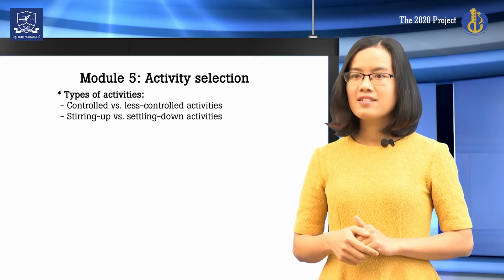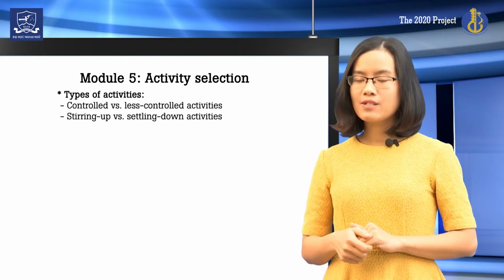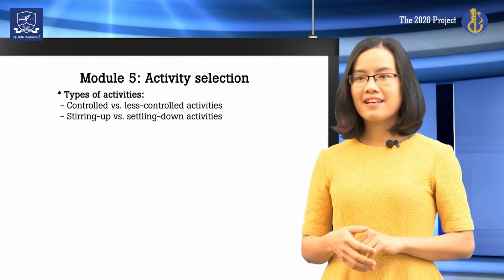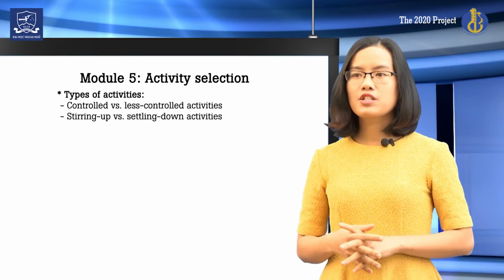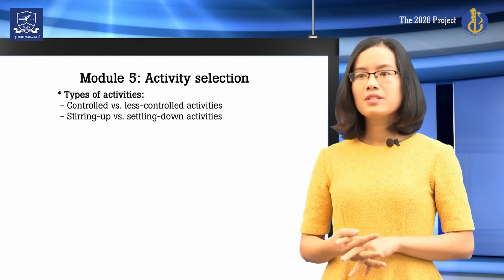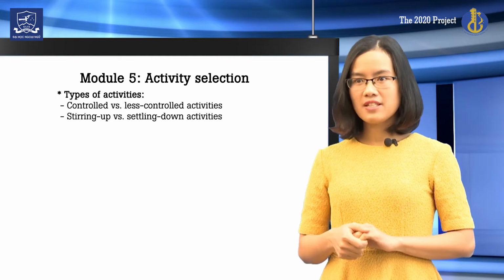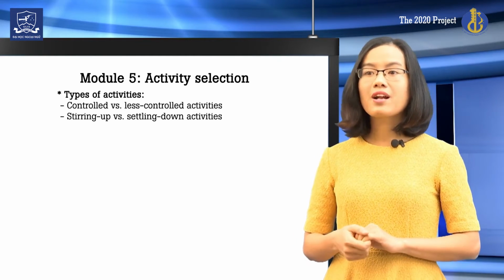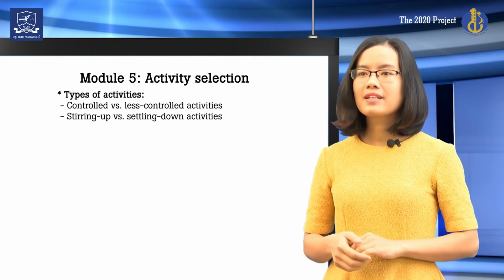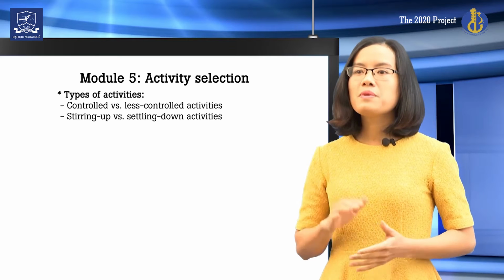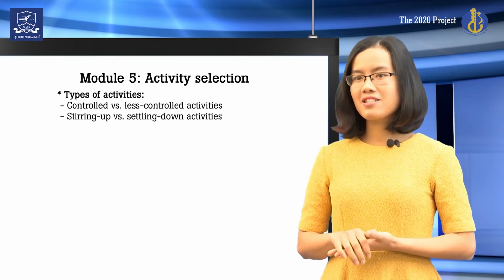On the other hand, settlers are activities which involve students sitting at their desks and doing the tasks. They are designed to calm students down, settle them in a routine, and to ensure that your classroom is not always a place of chaos. In a lesson, there should be a mix of stirrers and settlers.